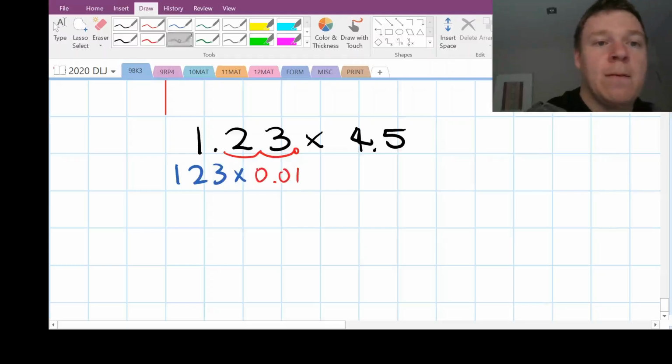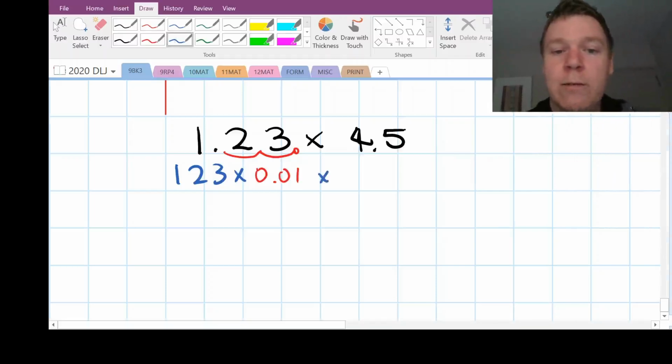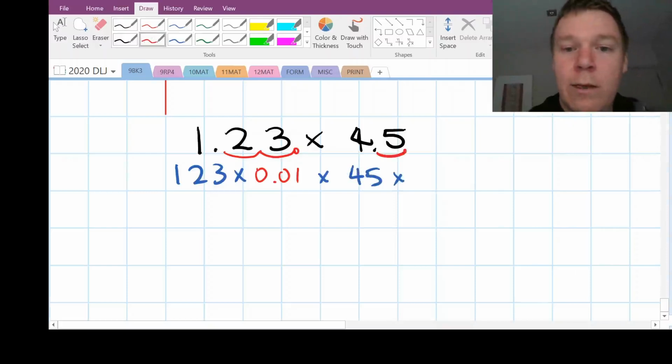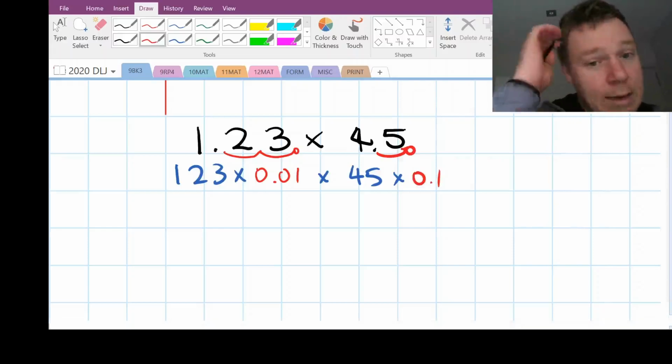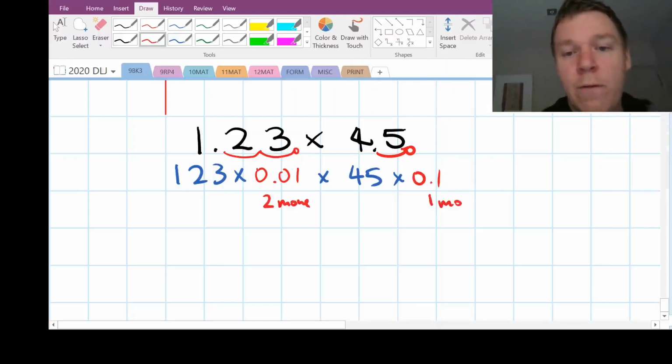So this is going to be times 0.01. Then with our 4.5, we've got 45 times, well, it's only been moved 1 spot here. So that's going to be times 0.1. Alright. Now, so this is a 2 move, and this is a 1 move.